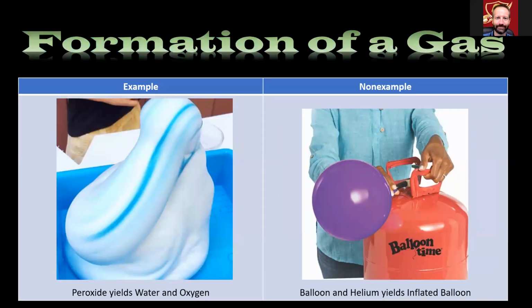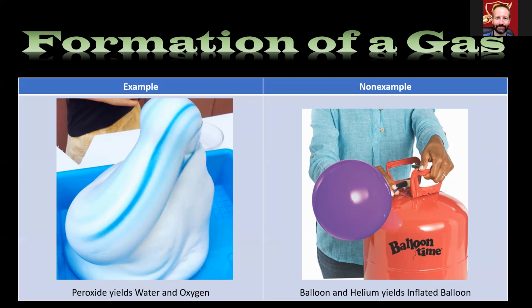Okay. Formation of a gas. On the left here, I have what's often called elephant's toothpaste. Because I don't know if you've ever used one of those toothpastes where it has the stripe in it. It looks like that, but for something giant like an elephant. Not that elephants actually use toothpaste.